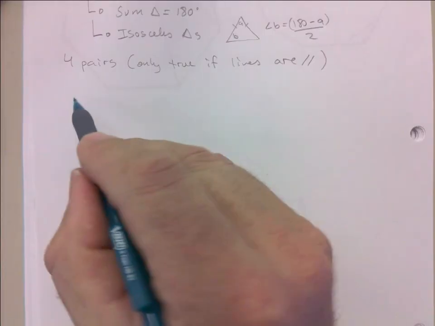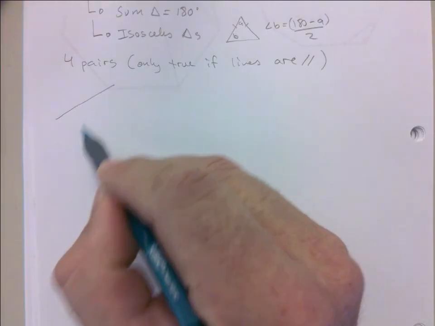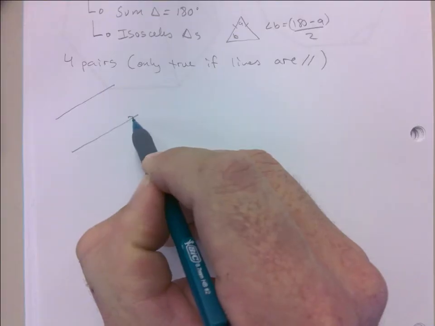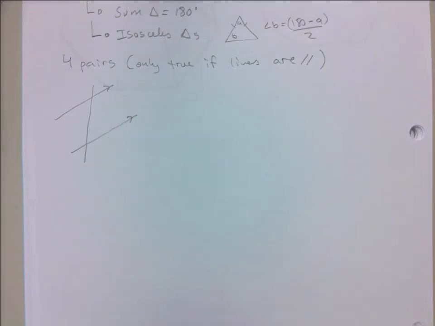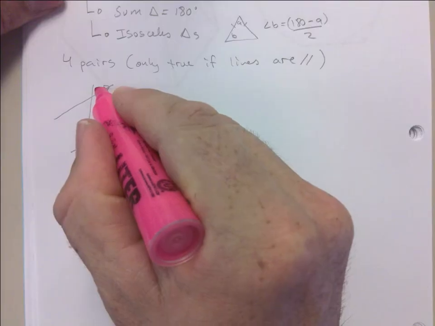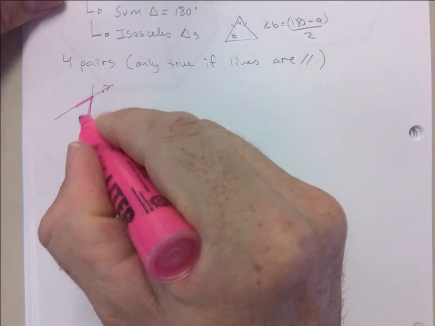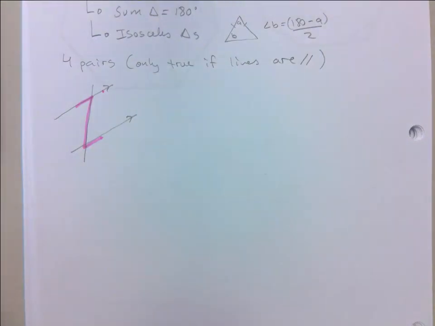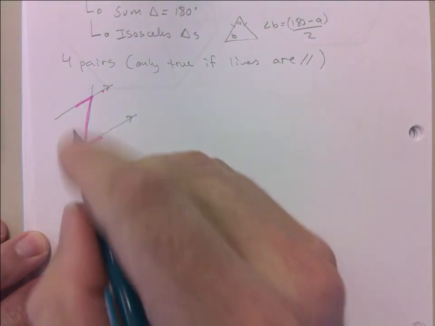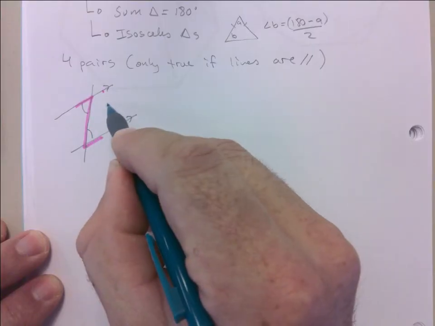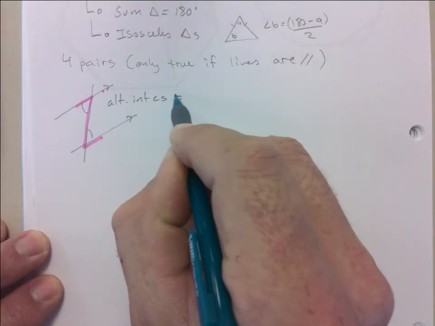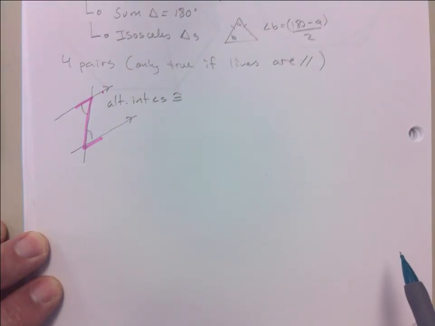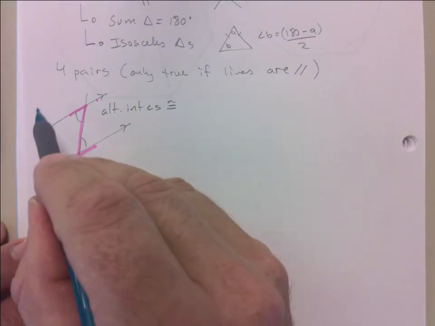Basically, if you're able to travel along the transversal and you're able to make a Z, you're in business. So, for example, like this, we know that these two are alternate interior angles. Alternate interior angles are the same. That's one of them.